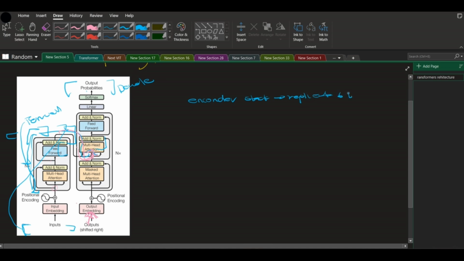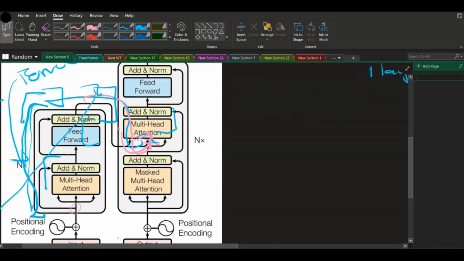Okay, so a single layer has what we call sublayers. What do I mean by sublayers? Looking at this layer, it has the multi-head attention, as we can see. Sorry about that, let me zoom in for you guys. We have the multi-head, we have the feed forward. We call these sublayers within this layer.